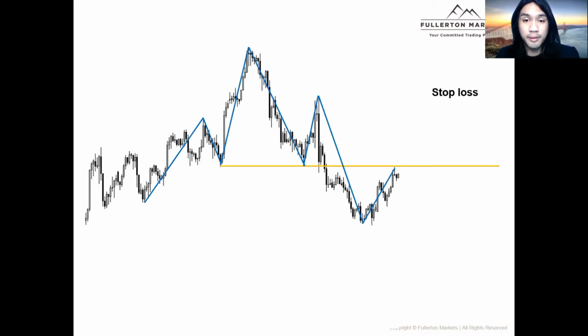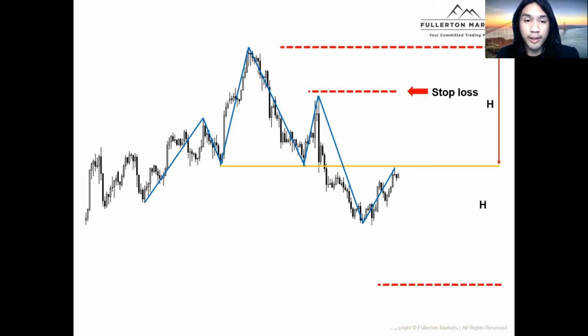Ladies and gentlemen, all right, let's break it down real quick. This is the first shoulder, this is the head, and this is the second shoulder, all right? This is the neckline, all right?